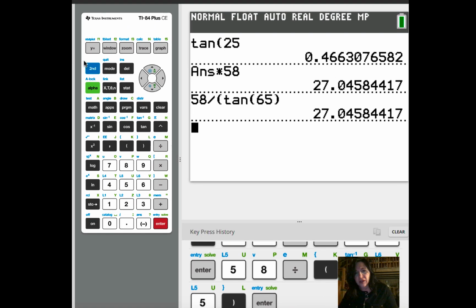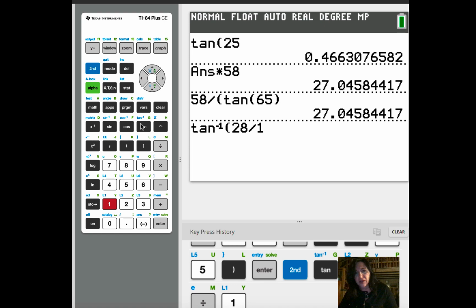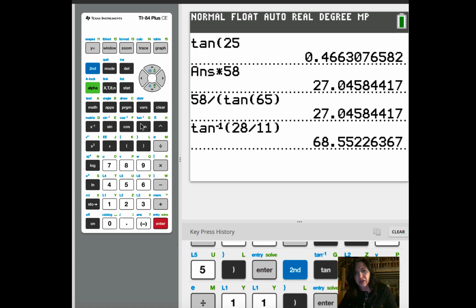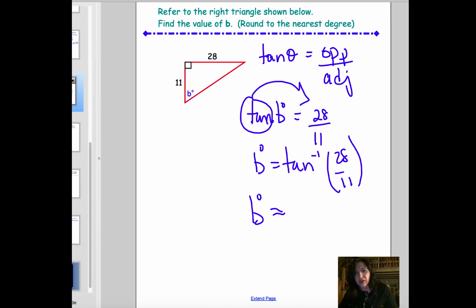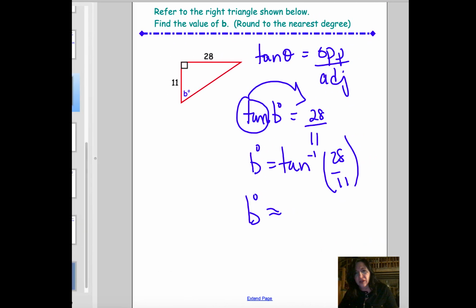So we're going to say arctangent of 28 divided by 11. Close your parentheses. I get 68.5 degrees, so that rounds up to 69 degrees. Okay, so B is approximately 69 degrees. And then we're done. Cool.